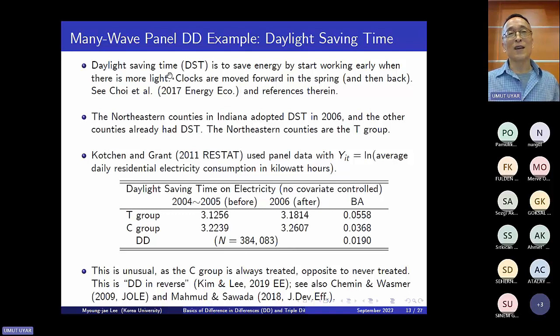In DST, you move clocks forward in the spring and then back in the fall. But the question was, does DST actually save energy? And in this study, they addressed the question using DD.